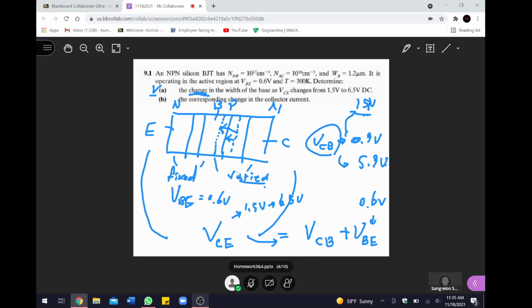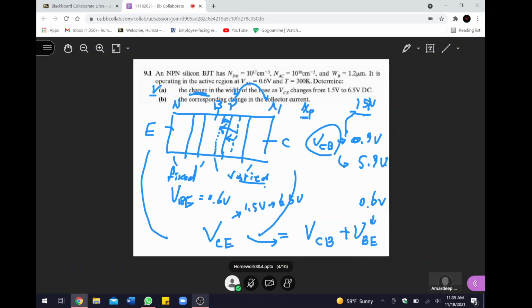How much depletion happens on this base side? That's the first question. This is simply a PN junction, and on the base side, this XP changes when you apply the more negative bias.